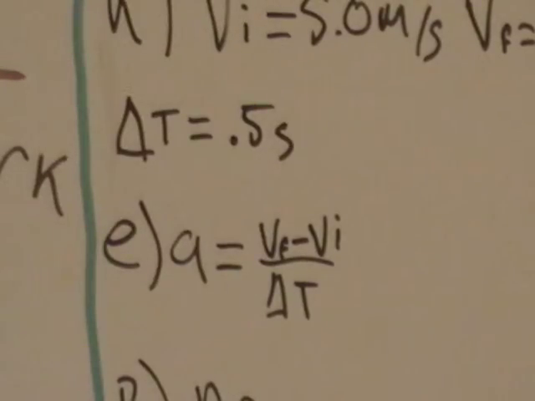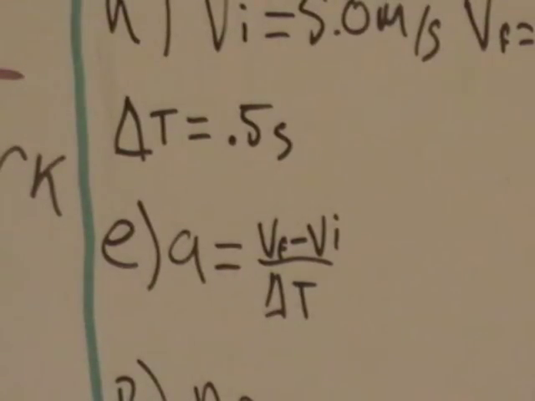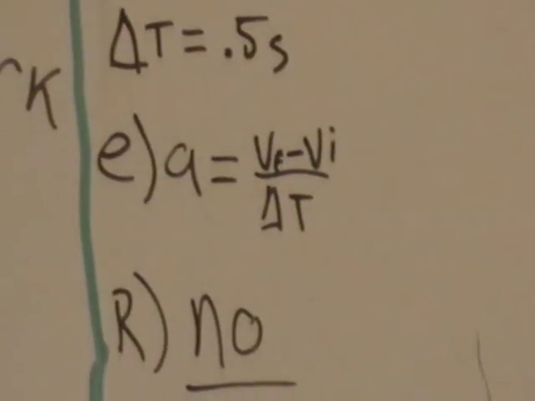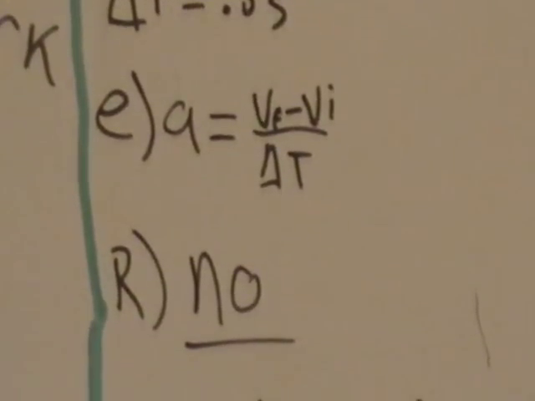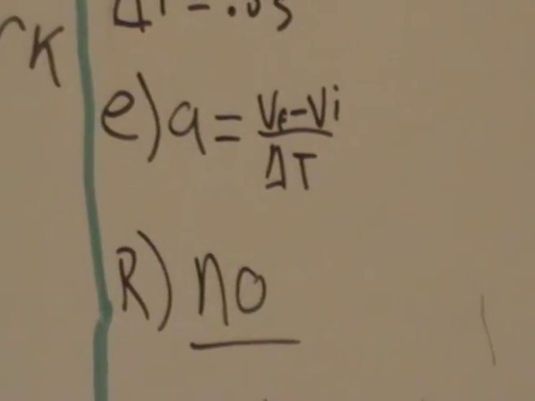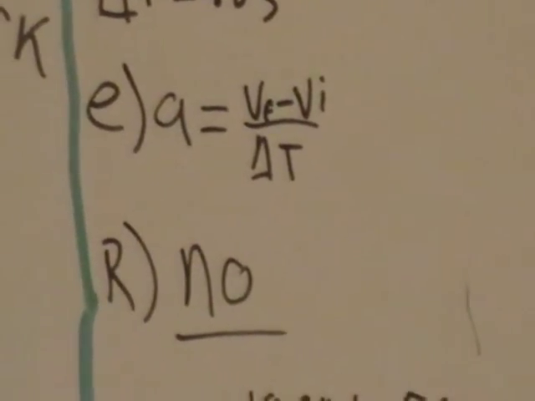our acceleration equals our velocity final minus our velocity initial divided by the change in time. So we move down to R, and we don't need to reorder because, look, it's already solving for A, which is what we want, which is acceleration.